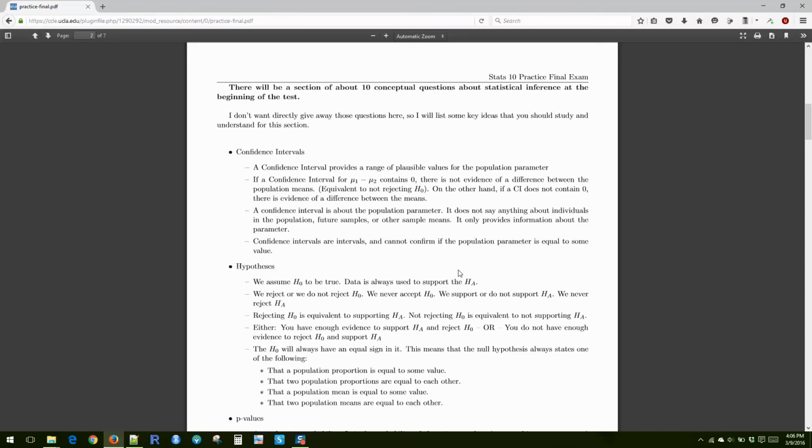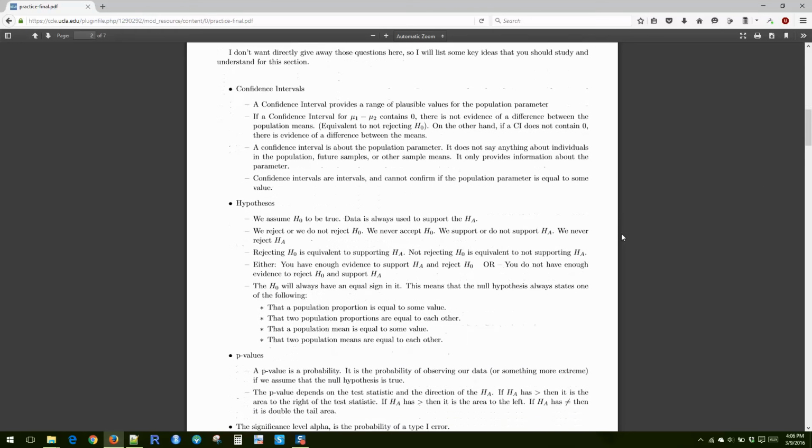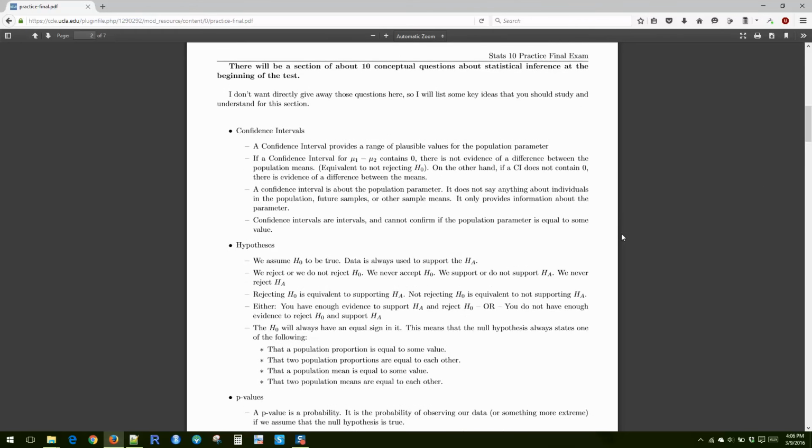But there will also be a portion based on conceptual topics, okay? I'd say about 10 questions on the final are in the realm of conceptual questions.